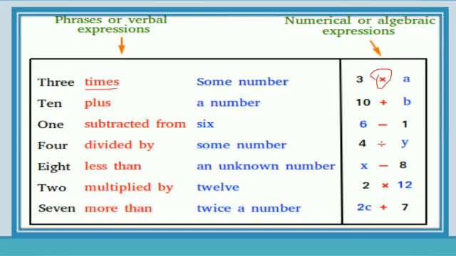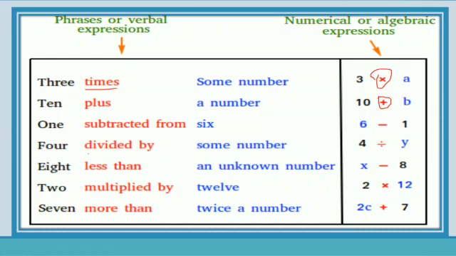Now, when it is said added to, more, or plus a number, then you will add the number and variable. When the words subtracted from or less than or the difference are used, then you will use subtraction.